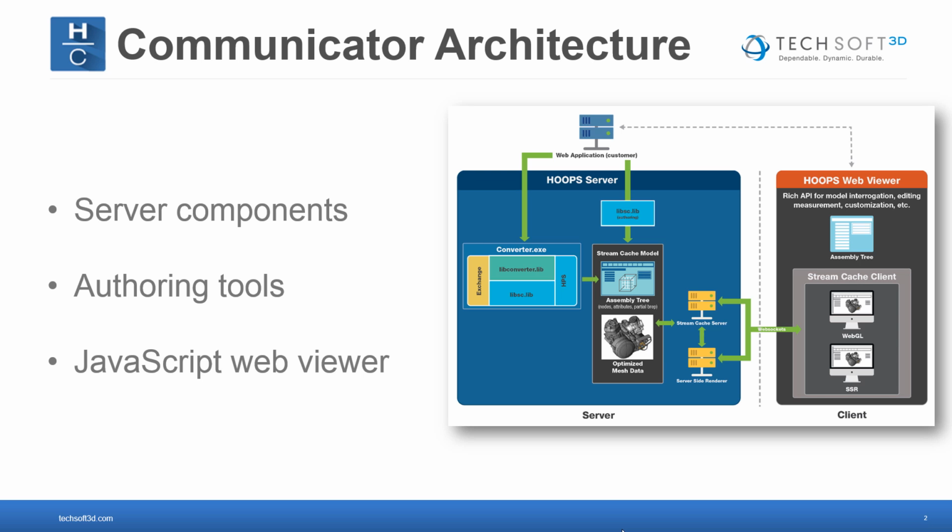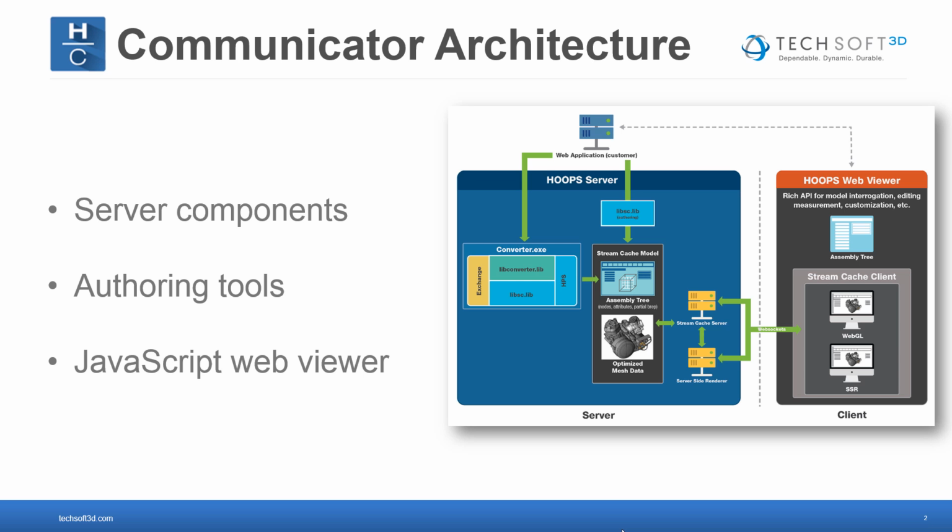For example, properties are things like, in the BIM world, you have IFC door or window. We can also calculate things like center of gravity and volume. So all that data is extracted using Exchange, and what comes out of that is a stream cache model.